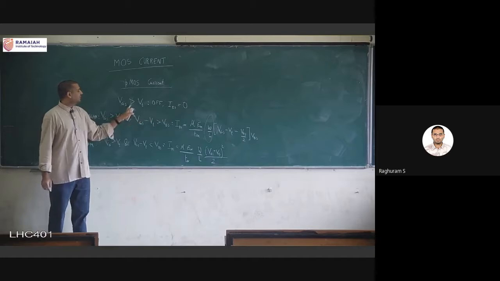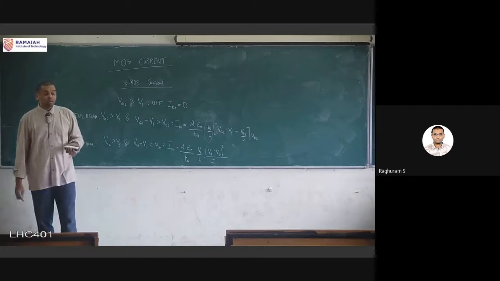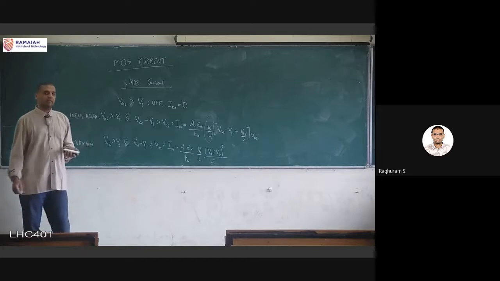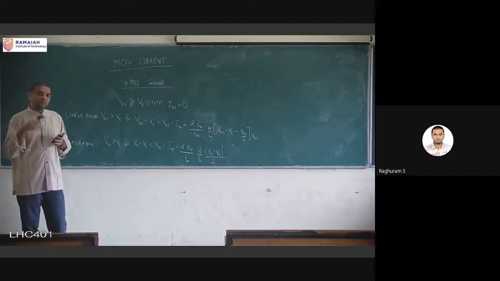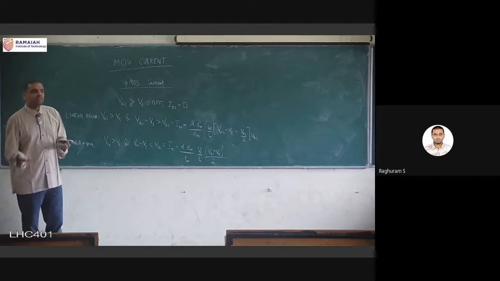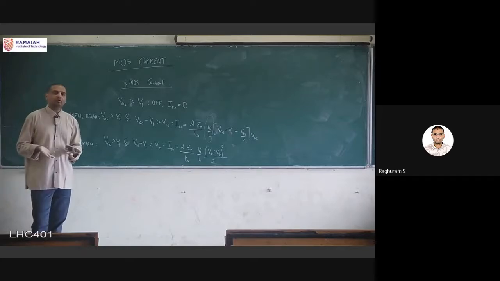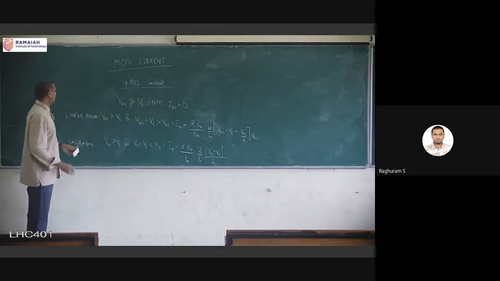That is if the VGS, because for PMOS transistors, the threshold voltage is a negative value. It is already at minus 0.5 or minus 0.4. Now if your VGS is more positive than that, that is it is greater, for example even 0, right? It is not going to be attracting the holes and you are not going to have a channel current. So that is the first condition for on or off. So this is the condition for off.